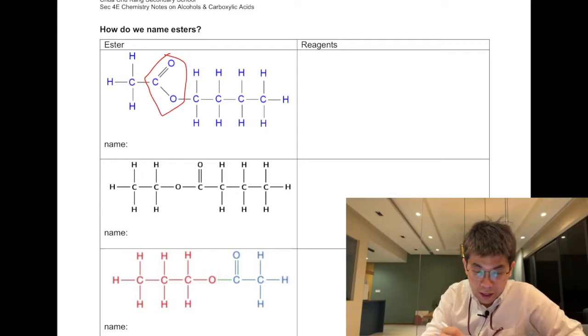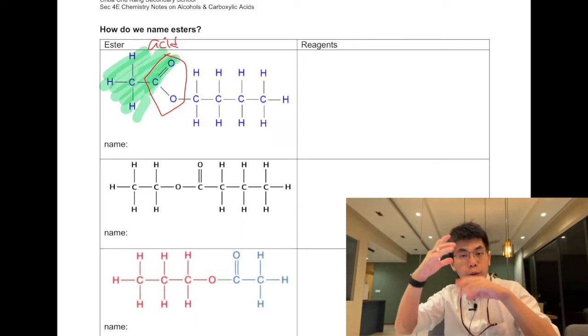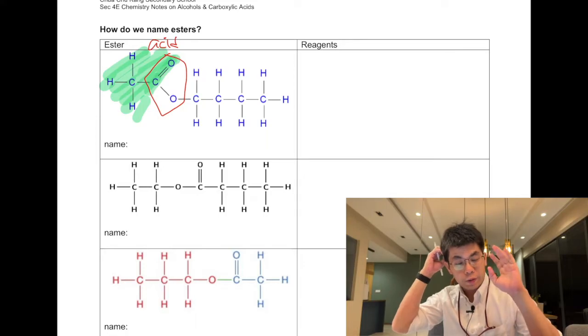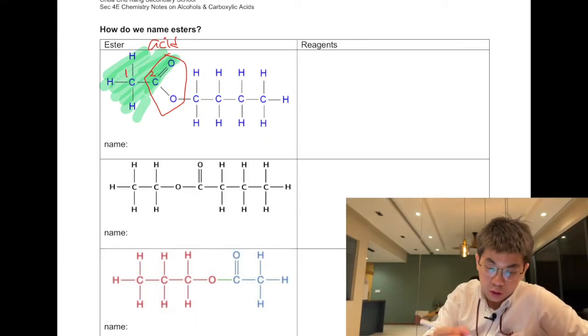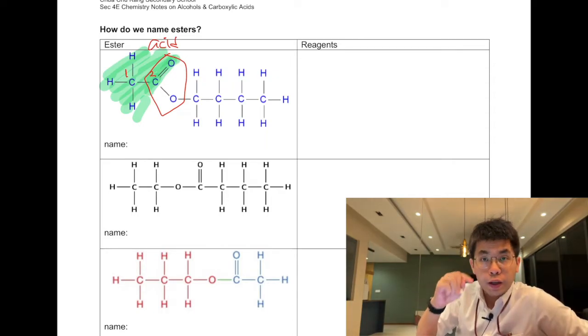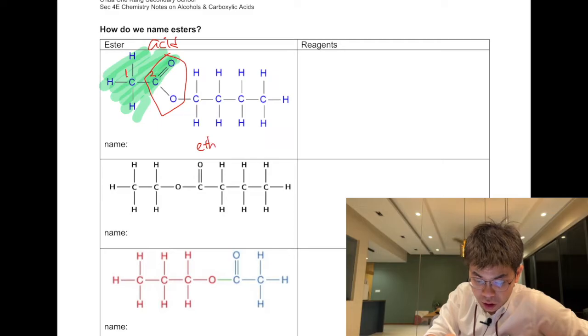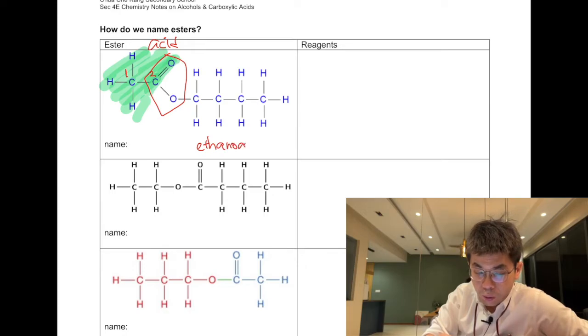Now, you find the C double bond O. This means that this side here must be the acid, because that is where the acid will come from. Then I have 1 and 2, so it's a 2. 2 is my prefix, eth. And since it comes from the acid that contains 2, ethanoate.